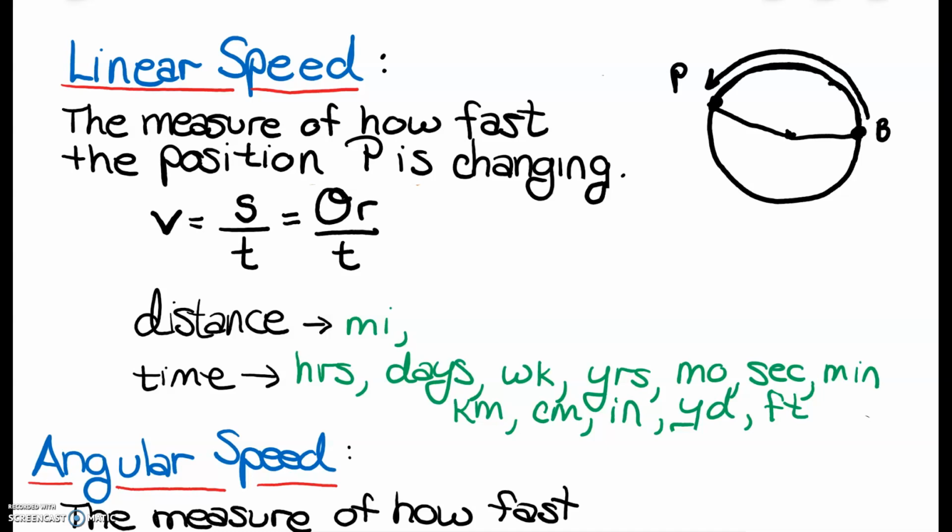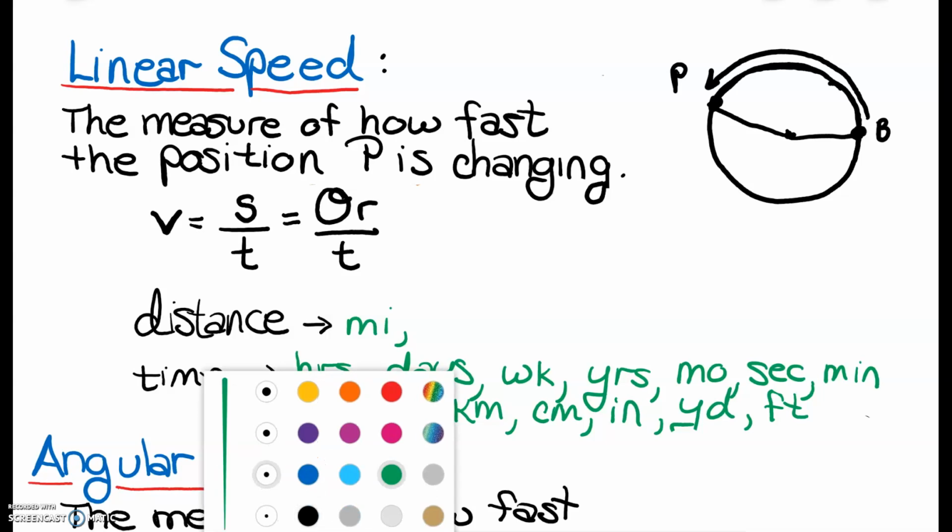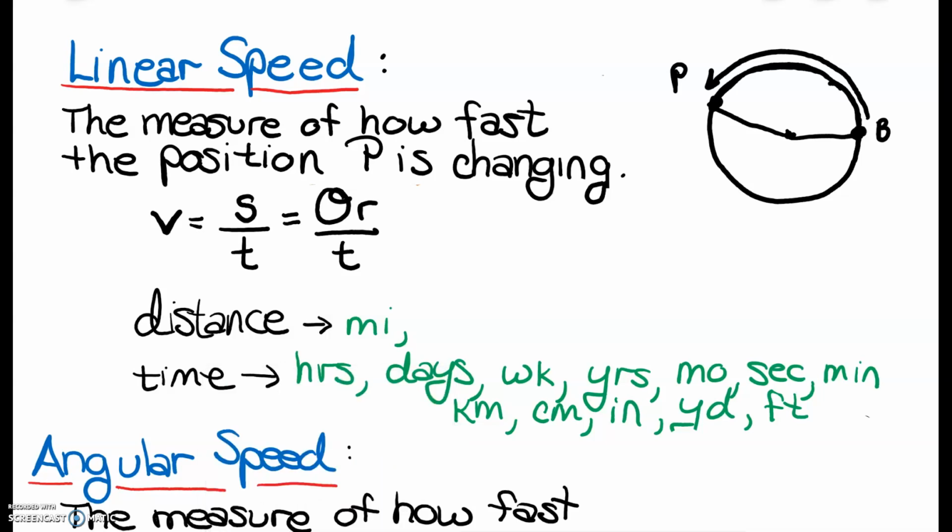Now, linear speed is a ratio of distance to time. So we call a ratio of distance to time a rate. And our distance can be measured in numerous different measurements. We have miles and kilometers and centimeters and inches and feet and yards. So there's many different ways that we can measure distance, and we've done that already in grade school.